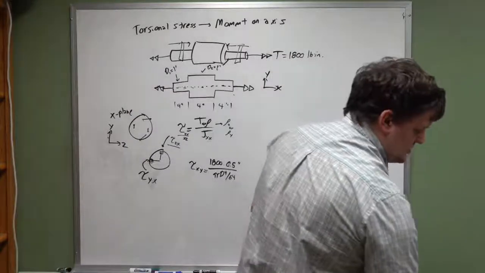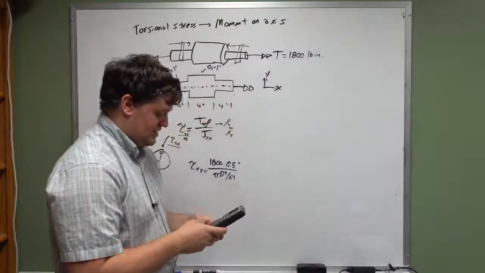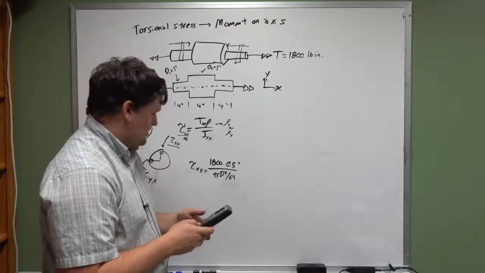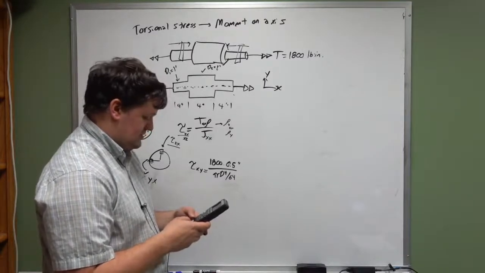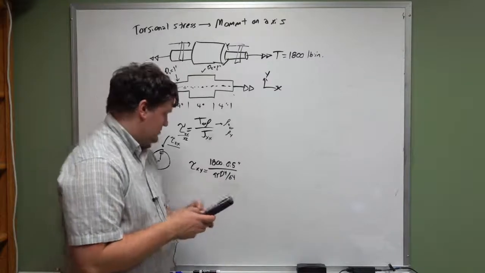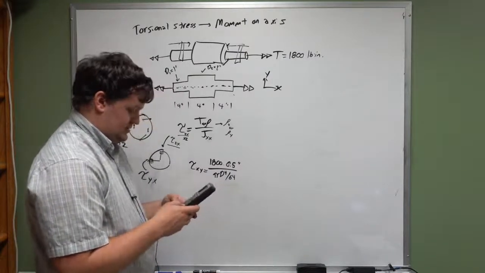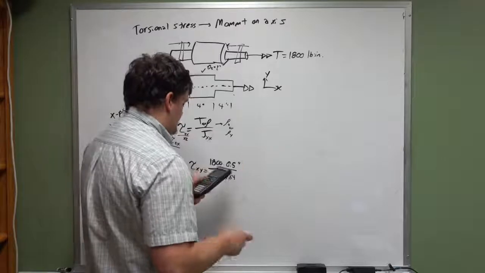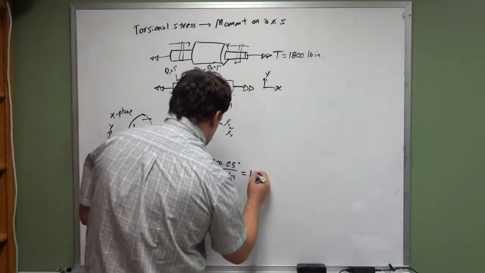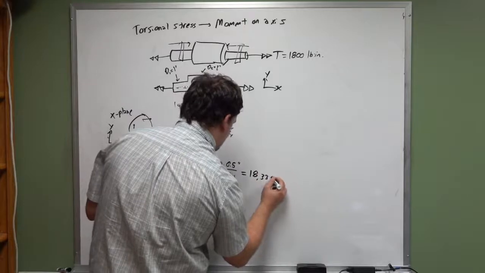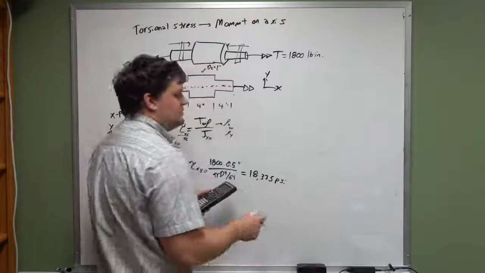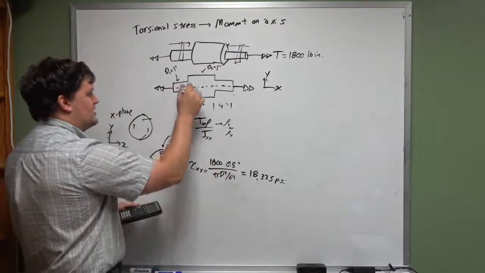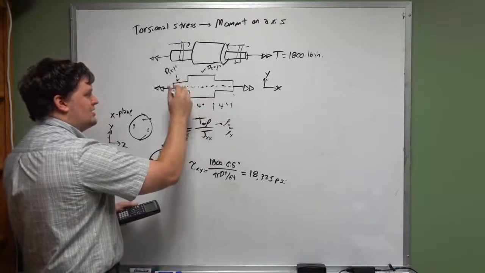Okay, so running that, pi times 1 to the fourth over 64. And what you have is 18,335 psi shear stress located at this edge right here facing you at this location.